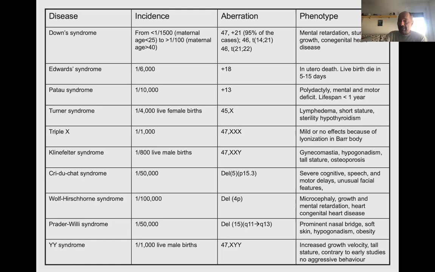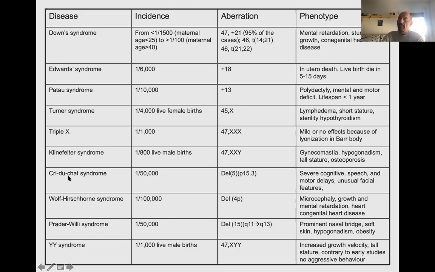But in other cases, you have a lot of phenotypic effects, like in Klinefelter syndrome, which is very frequent, 1 in 800 live male births. It's 47,XXY, so it's a male, but with a double X. In this case, you have gynecomastia, hypogonadism, tall stature, and osteoporosis. Much worse, but fortunately much more rare, is cri-du-chat syndrome.